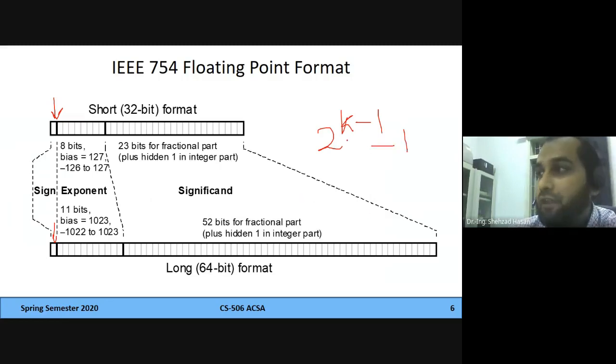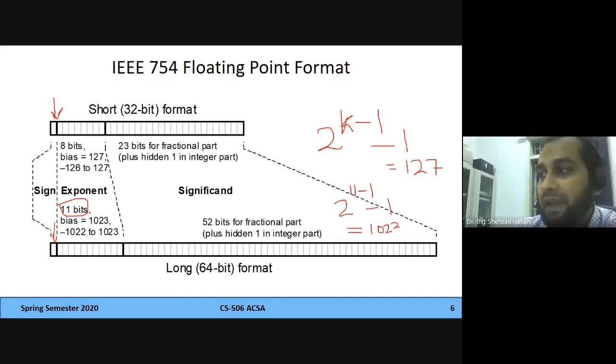If k is 8, this means 2 raised to the power 7, minus 1, which would be 127. Now if you go with the long format, there are 11 bits in the exponent. So what should be the bias here? 2 raised to the power 11 minus 1, minus 1. So 11 minus 1 is 10, 2 raised to the power 10 is 1024, minus 1 is 1023. So here our bias would be 1023.